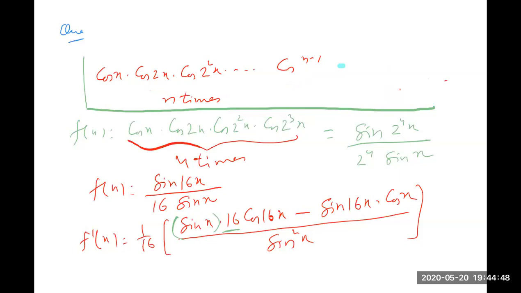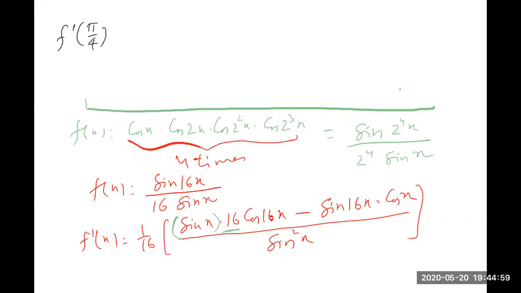So now I can solve this here. f dash pi by 4 is equal to 1 upon 16 into 16 sin pi by 4, 1 upon under root 2, cos, this will be how much?